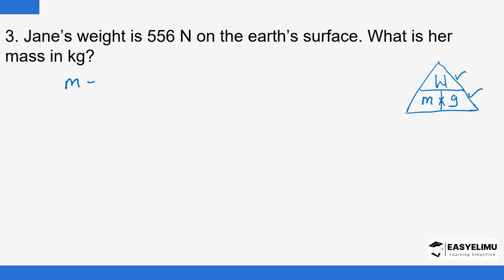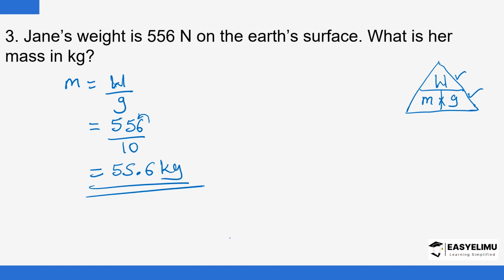So mass should be equal to weight over gravity. What's her weight? 556 newtons divided by gravity, which is 10. The decimal point will move to the left one step. So this is 55.6 kilograms. That is again very easy.